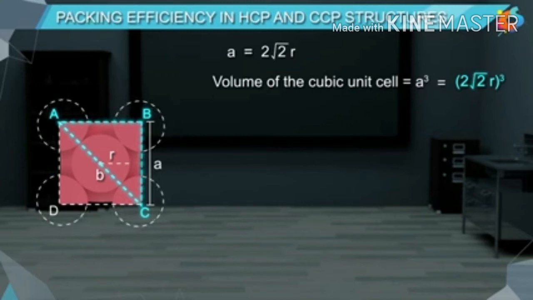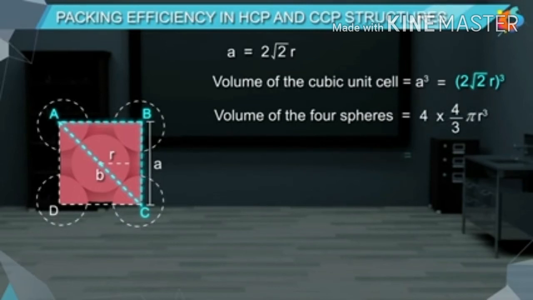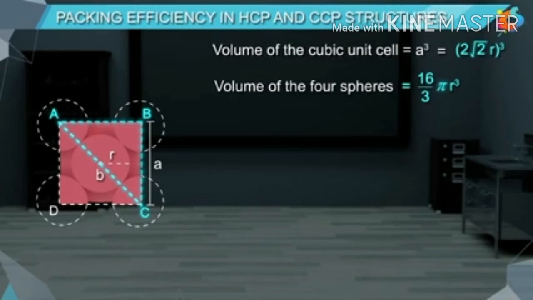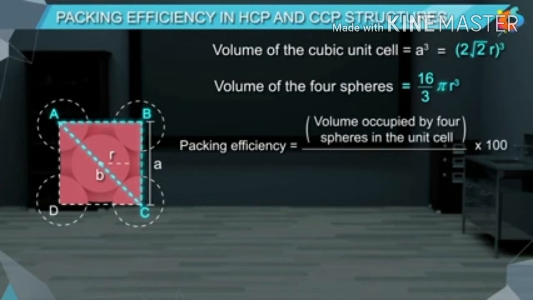We know that each unit cell in face-centered unit cell or CCP structures have 4 spheres or atoms. Volume of the 4 spheres is equal to 4 into 4 by 3 pi r cube, which is equal to 16 by 3 pi r cube. Now let us calculate packing efficiency. Packing efficiency is equal to volume occupied by 4 spheres in the unit cell into 100 by total volume of the unit cell percentage.